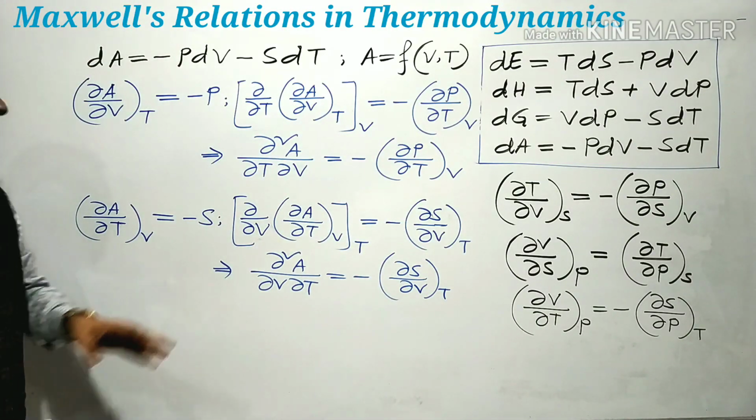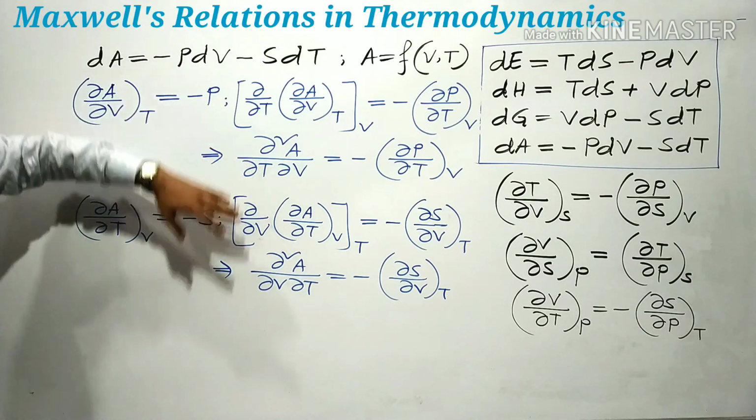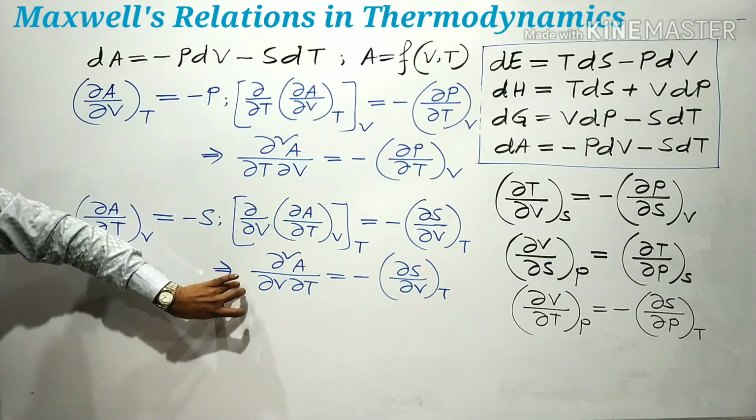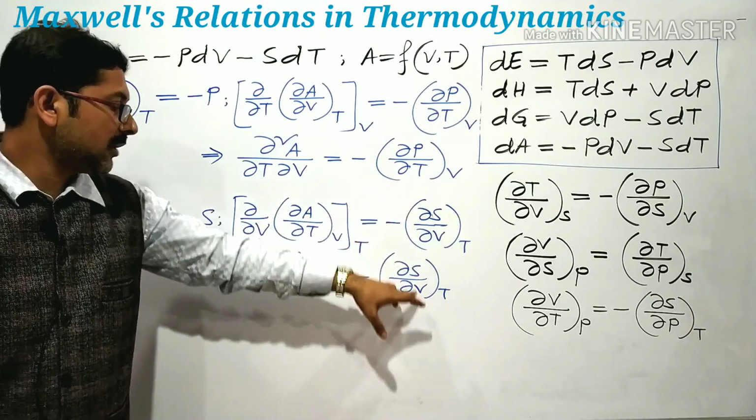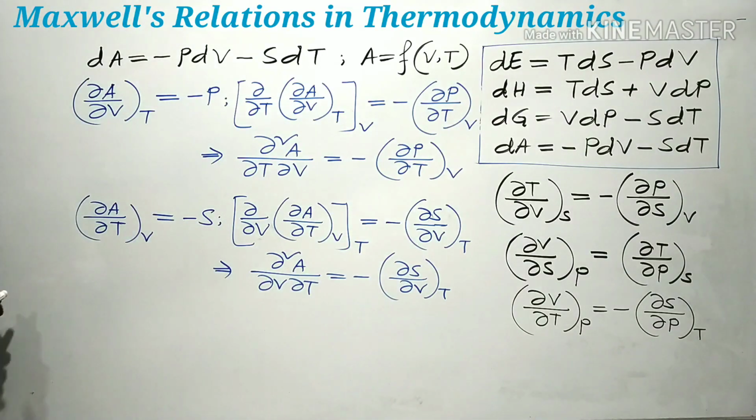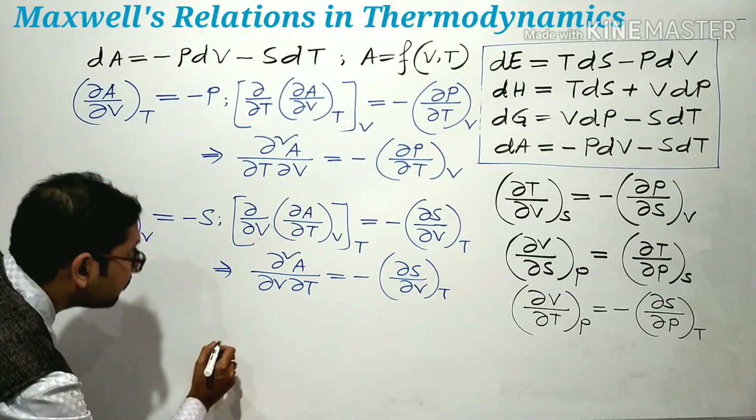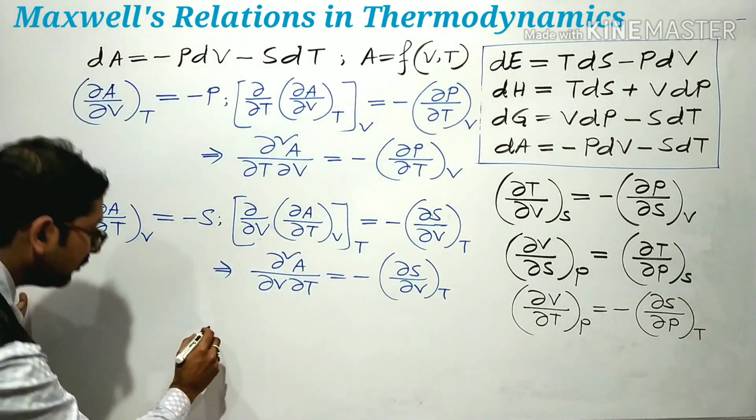Since it is an exact differential, these two terms definitely are equal, so this term equals this one. So we have the relation, two negative signs cancel out.